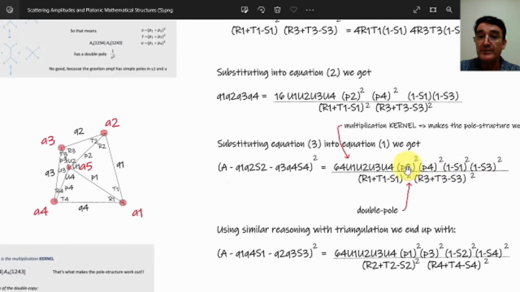So we see the remainder here easily factorizes into two pieces. It could be like P2 times P4 times 1 minus S1 squared, that could be one factor, and the other factor could be P2 times P4 times 1 minus S3 squared.